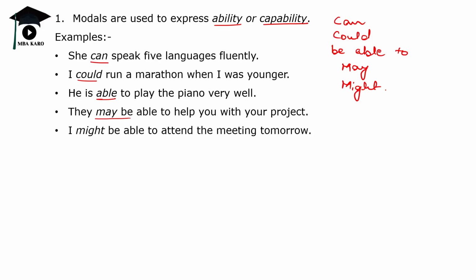They may be able to help you with your project. I might be able to attend the meeting tomorrow. Capability or ability. So the first rule simply says that modals are used to express ability or capability, and the words that we use are can, could, be able to, may or might.